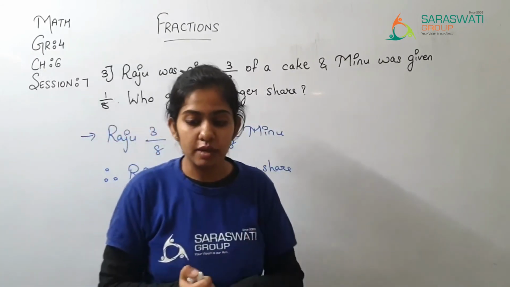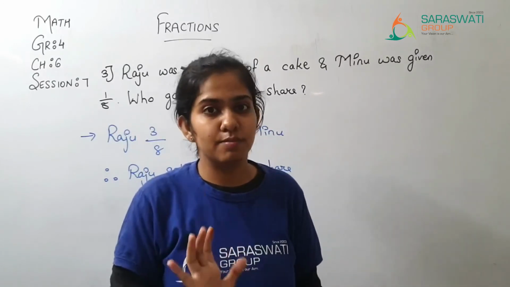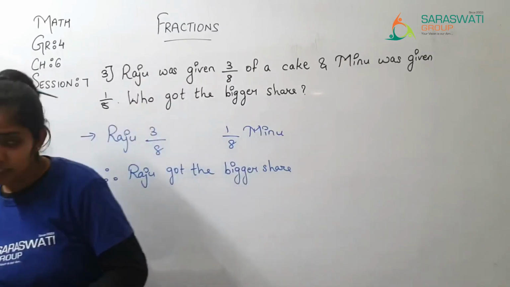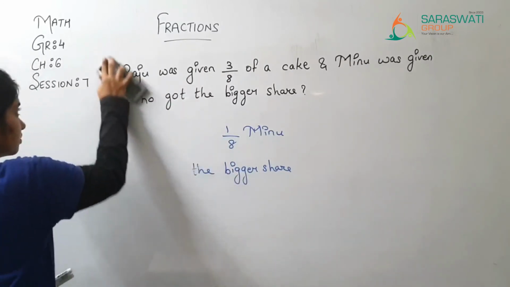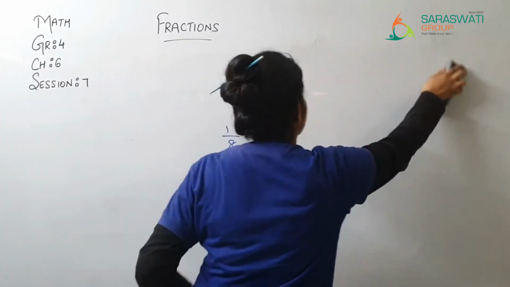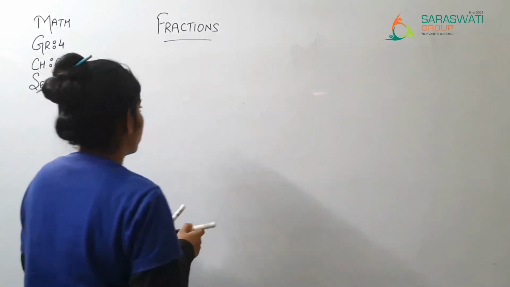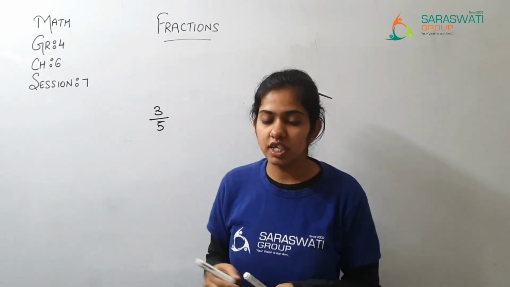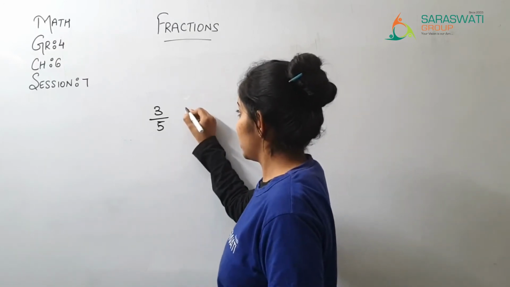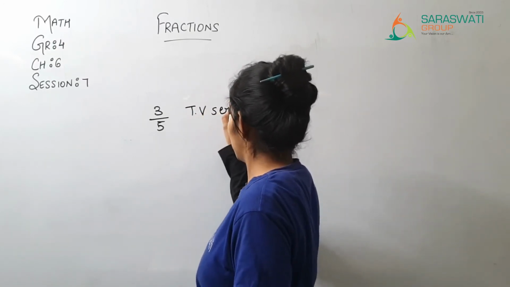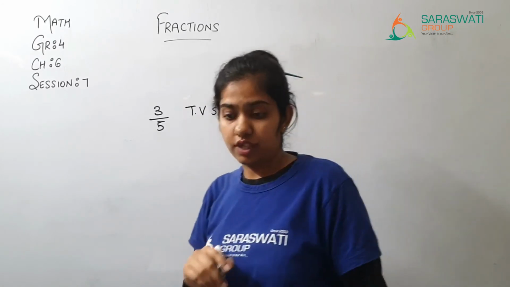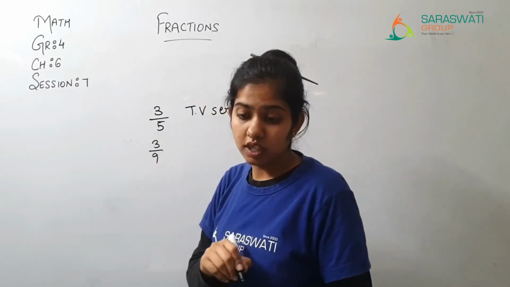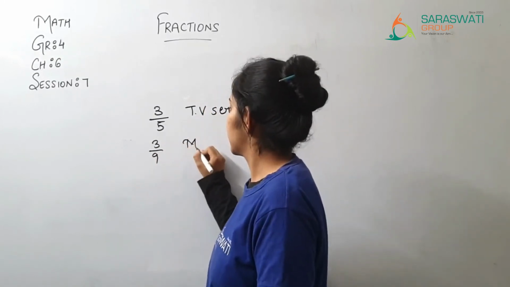Okay? So in Malini's neighborhood there is a girl whose name is Malini. In Malini's neighborhood 3/5 of the people like watching teleserials, means उसे टीवी सीरियल्स देखना पसंद है. कितने लोगों को? 3/5 and 3/9 like watching movies.